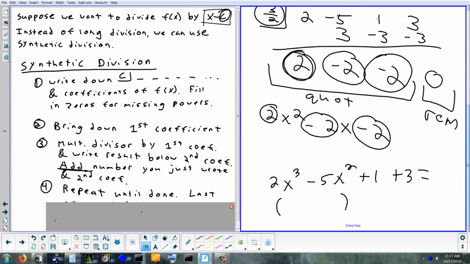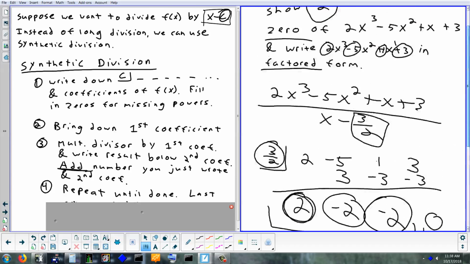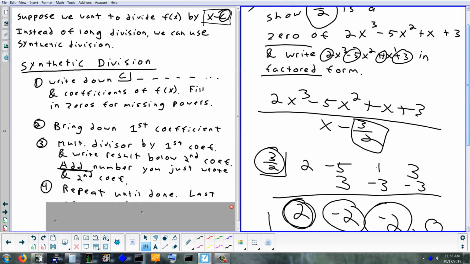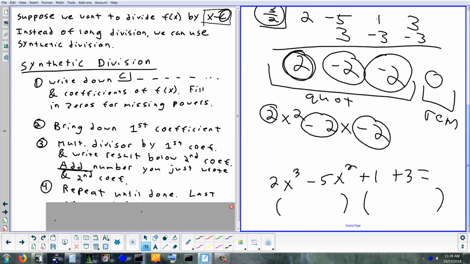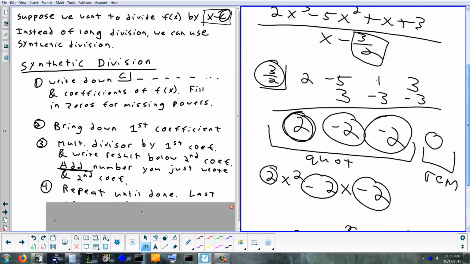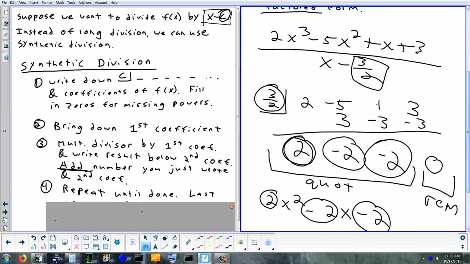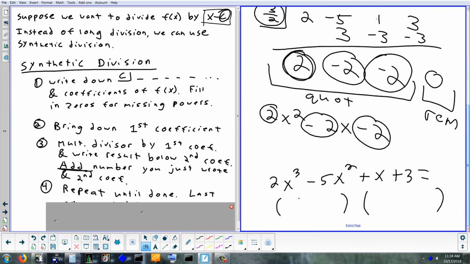If you wanted to factor this, it's a little harder than factoring normal, like quadratics. That's important. So if we wanted to factor that, we already know x minus 3 halves is a factor. That's one of them.